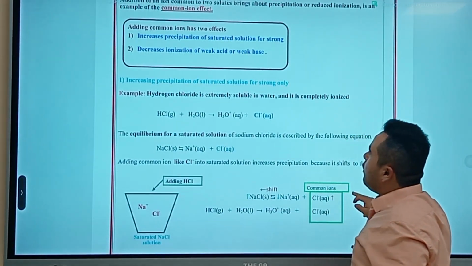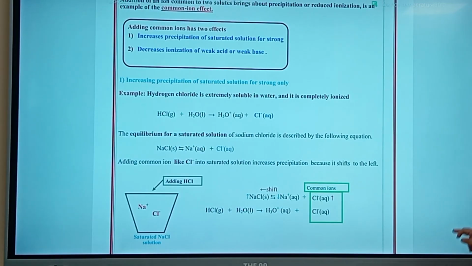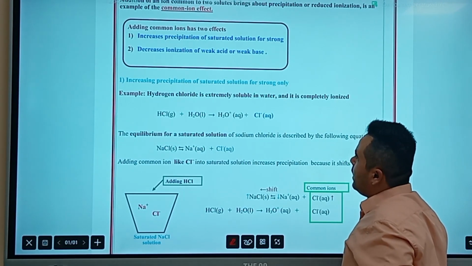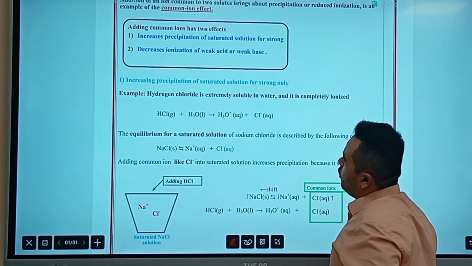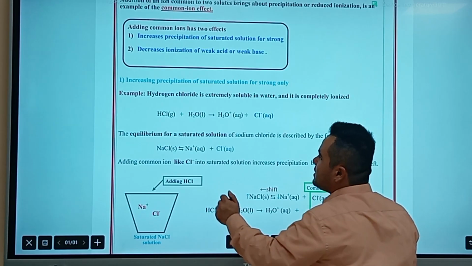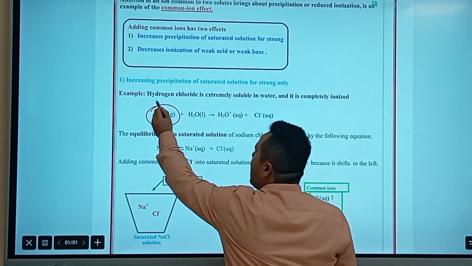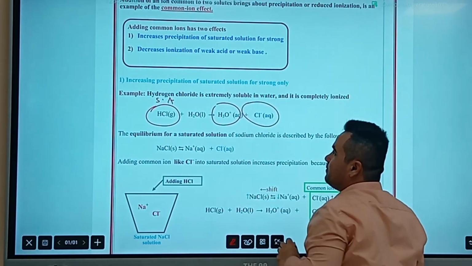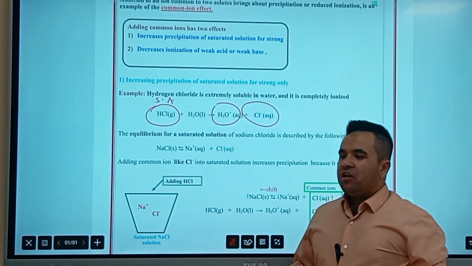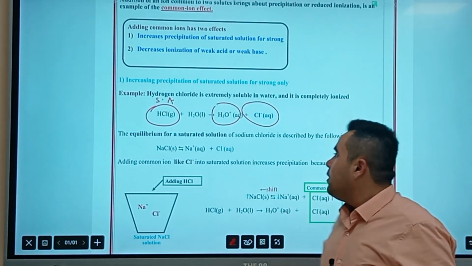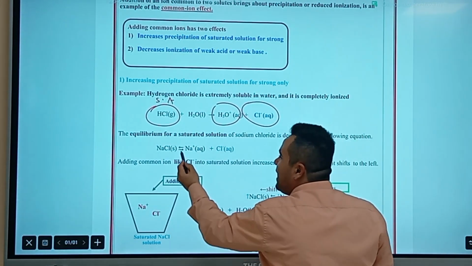Let us talk about the first, increasing the precipitation of a saturated solution for strong acids and bases. Have a look at this example. HCl, which is a strong acid, forms hydronium and Cl negative. In this case, just provide an example of a salt that contains Cl, for example NaCl.